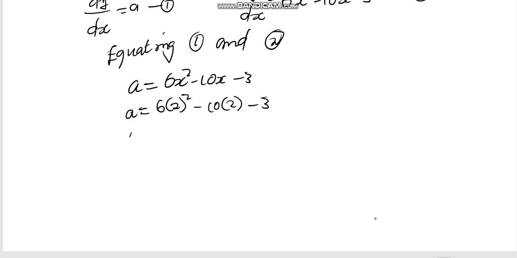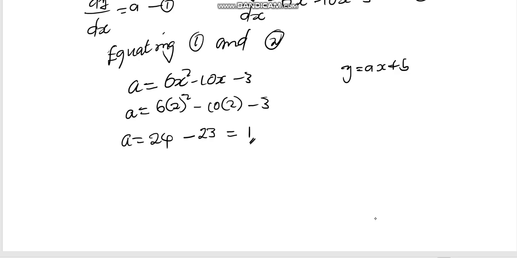So a is going to be equal to this multiplied by this, we simply have 24, minus 20, minus 3, that's 23 here. So a is equal to 1. If a is equal to 1, we can find the value of b. From the line we have y equals ax plus b.